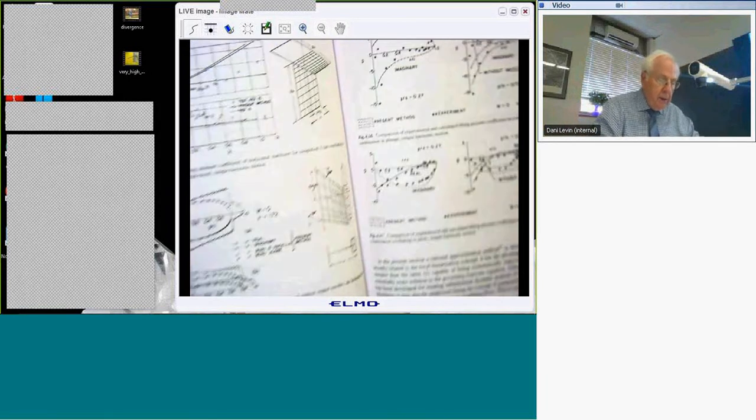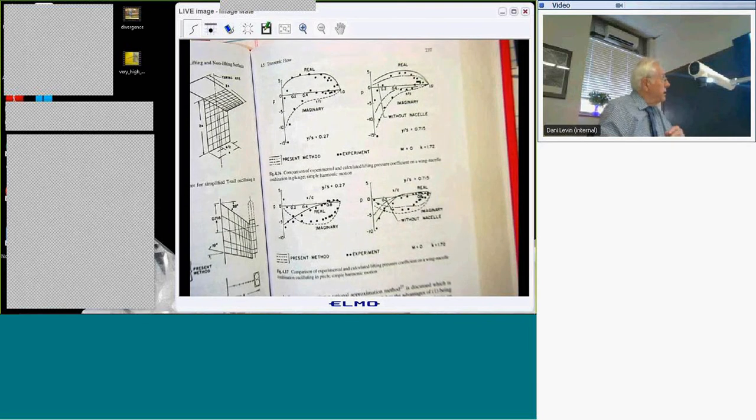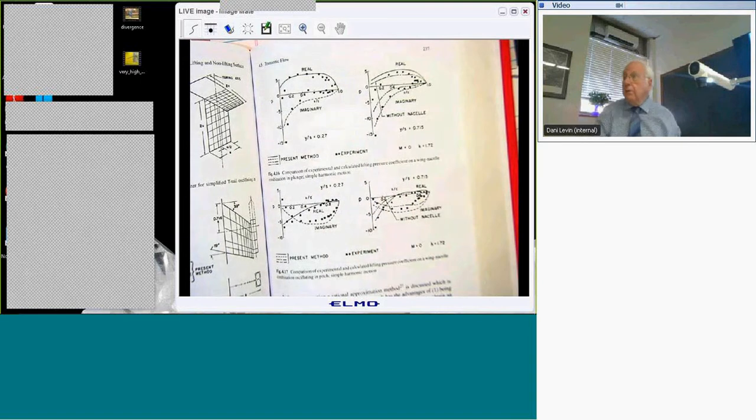And then over here, this is just some results for experiment. Those are all those dots, and the lines are from a typical Zaero type code. This is probably actually doublet lattice rather than Zaero, and this is, of course, only one example, but if you look at the literature, this is a fairly typical example.